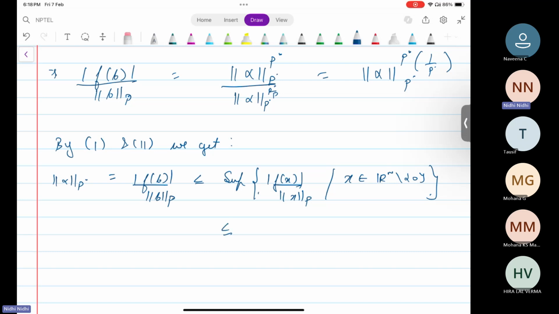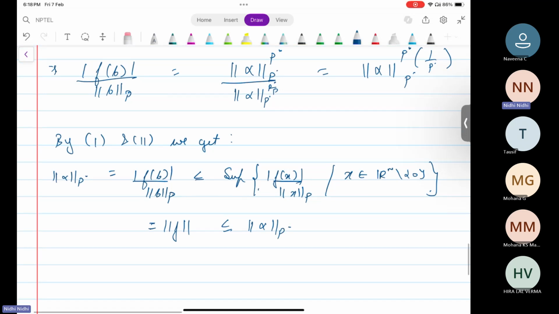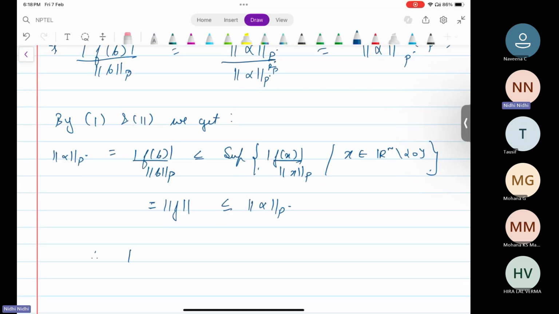This is basically equal to norm f, and we have proved earlier in equation 1 that this is less than or equal to the p star norm of alpha. So everything gives us norm f is equal to the p star norm of alpha.